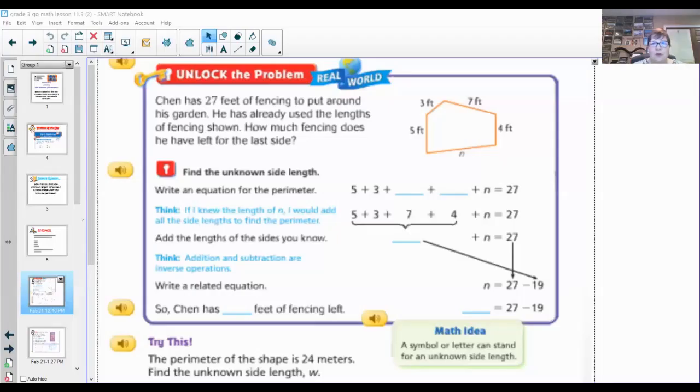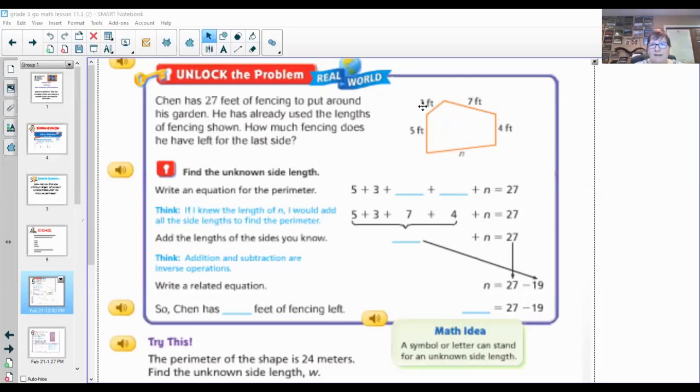So here in 11.3, they wanted you to figure out an unknown side. So you have to add up all the sides, including the missing one, to get the total. In this example, you have 5 plus 3 plus 7 plus 4.